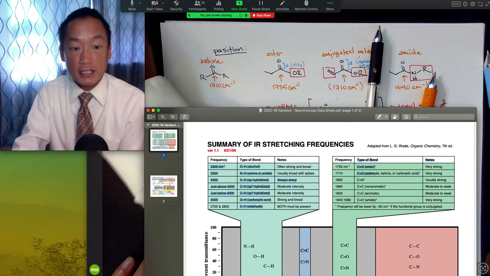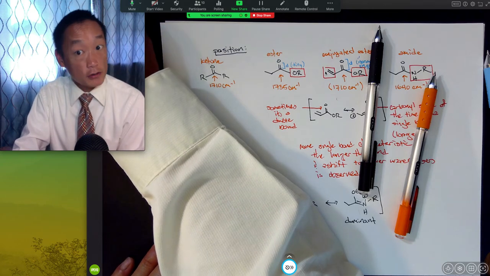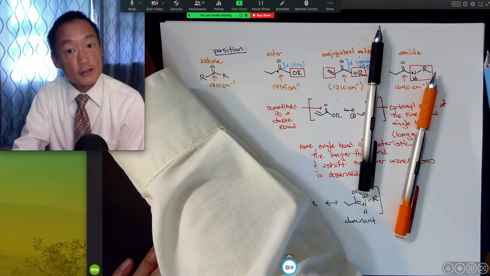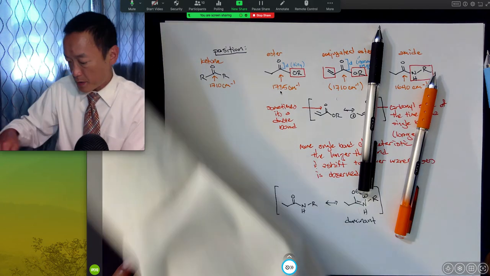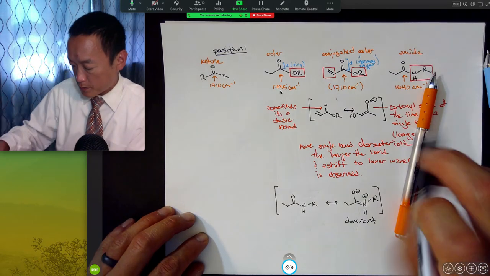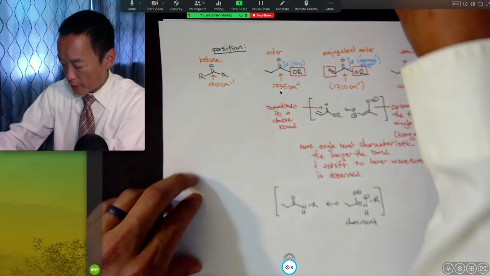Why would we expect that ketone to absorb at 1710, which is similar to this conjugated one over here, versus the ester appearing at 1735? Because the ester appears at 1735, when we compare these two things, let me do this in a manner that would make sense.